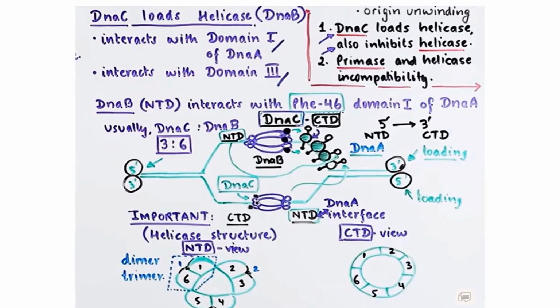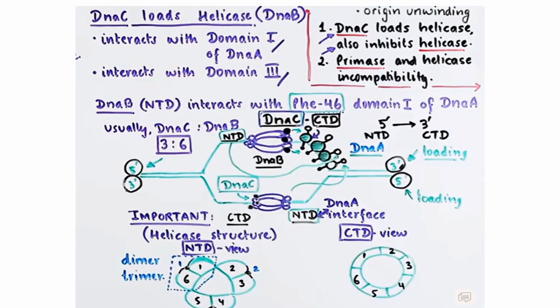The strand is 5' to 3'. As we know, this 5' side has the N terminal region, whereas the C terminal region is facing towards the 3' end. And as we have said before, there are three loader proteins present on the hexamer. So the ratio of loader to helicase is 3 to 6. The 6 comes from the fact that the helicase is a hexamer.